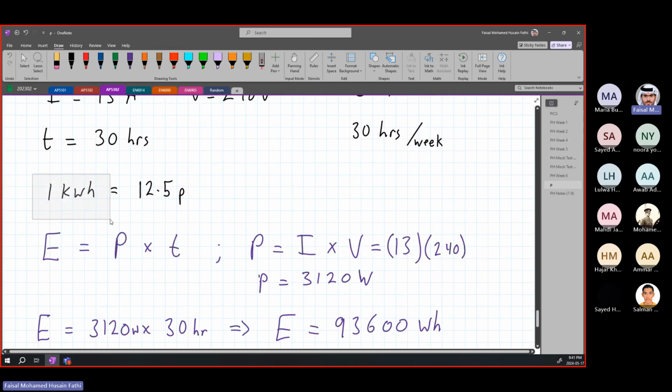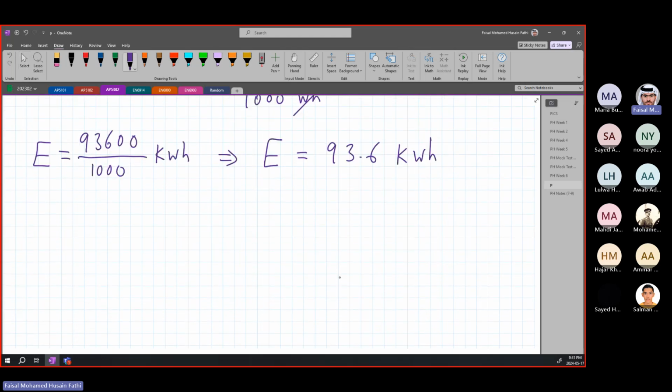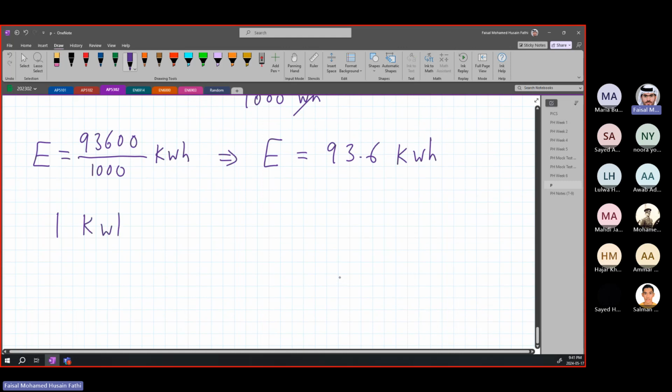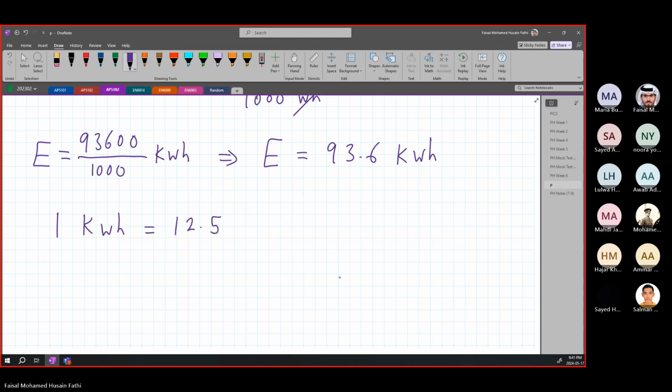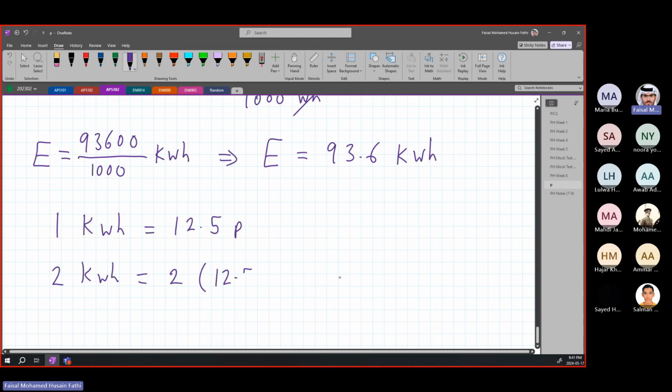So 1 kilowatt hour is going to cost us 12.5p. If we use 2 kilowatt hour, we multiply by 2 times 12.5.